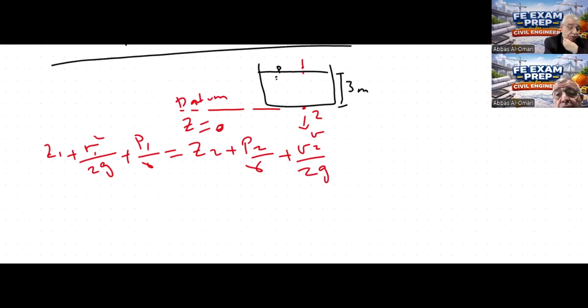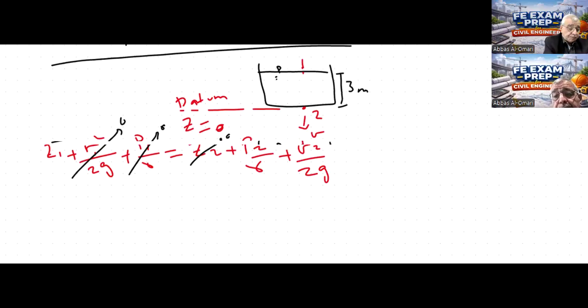P1 over gamma is 0 because it is atmospheric pressure, and we are using gauge pressure. P1 is 0 at the surface of the tank, and the velocity is negligible, usually a very large tank. So we neglect the velocity. So we know Z1, we know P2, and we want to determine V2.